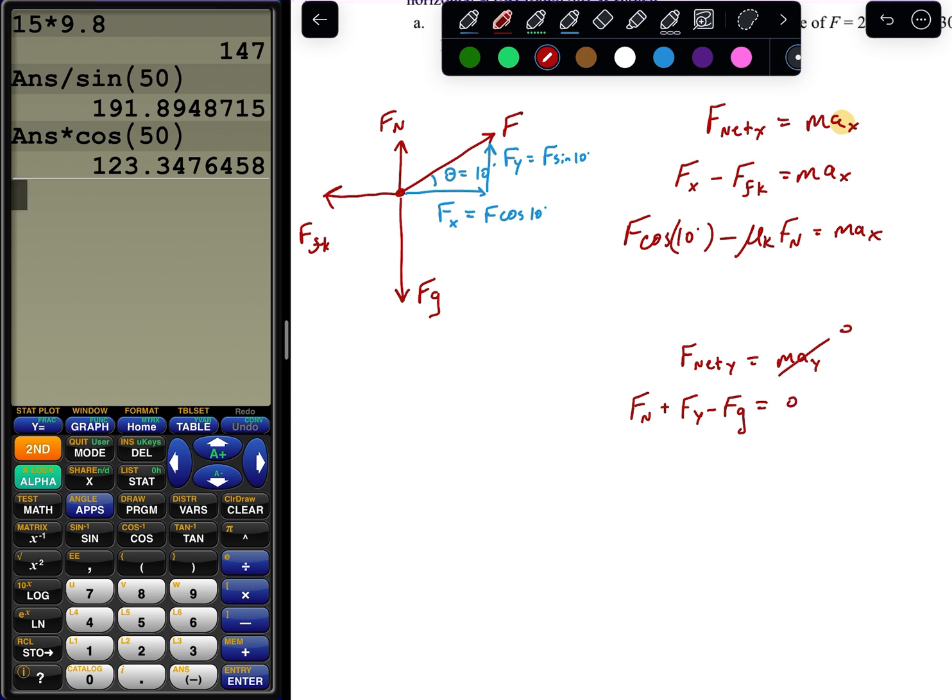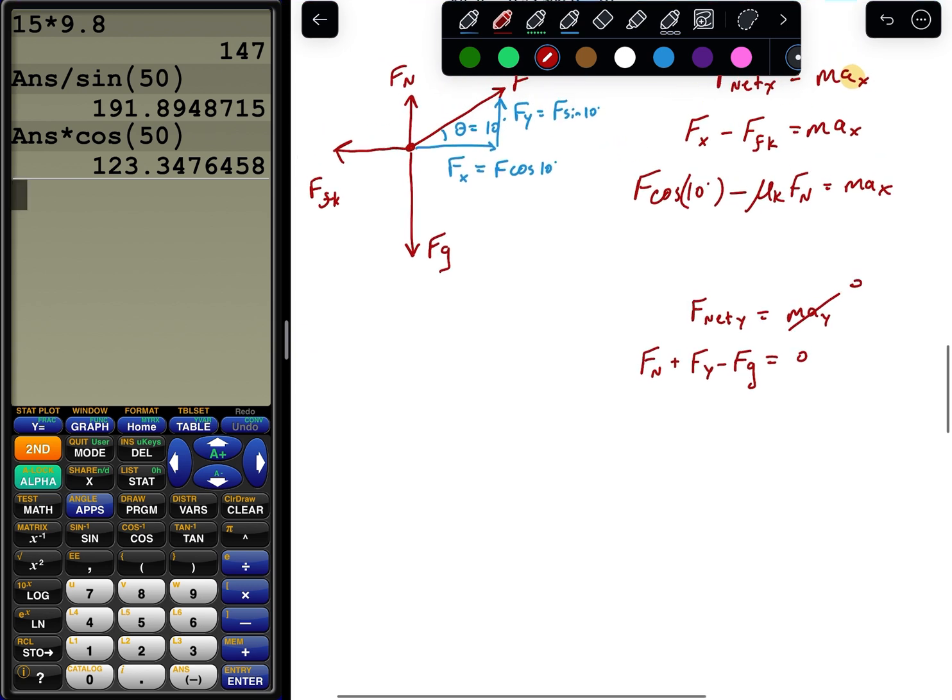And so we can say this is all equal to 0. So we get a really nice equivalence here that our normal force is going to be equal to the force of gravity minus the force in the y direction. I'm going to actually replace that force in the y direction with F sine of 10 degrees.